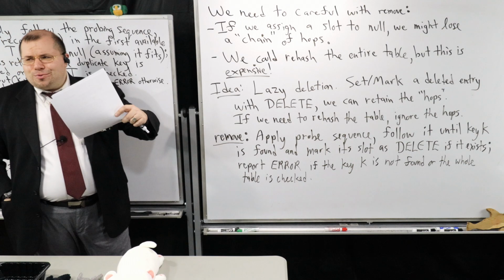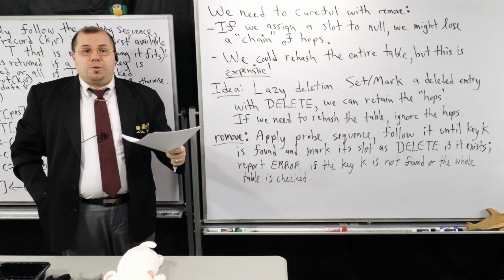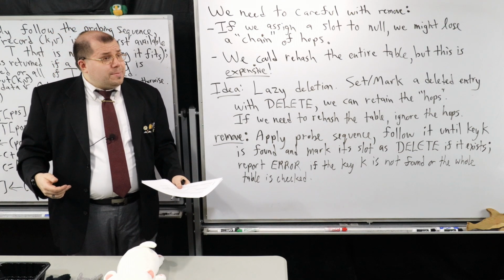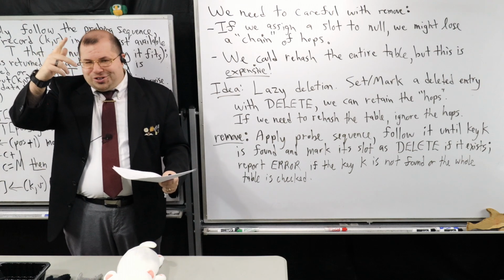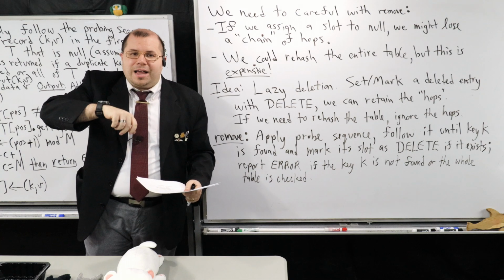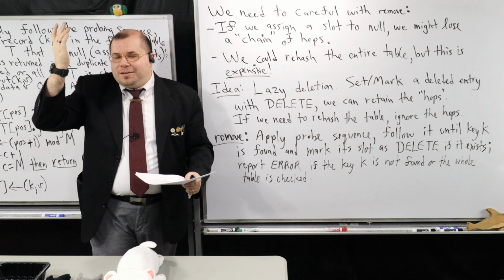So when I want to remove something, I can use that same probing sequence to go through and remove the record. It's actually really nice and straightforward, because I can do a search very similar to what we did with get, to just find it in the table, and I could just simply get rid of it. But there's a problem with that idea.